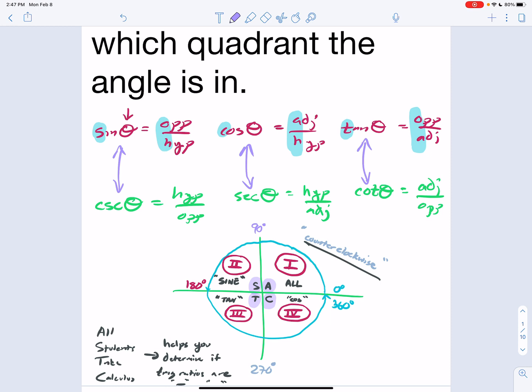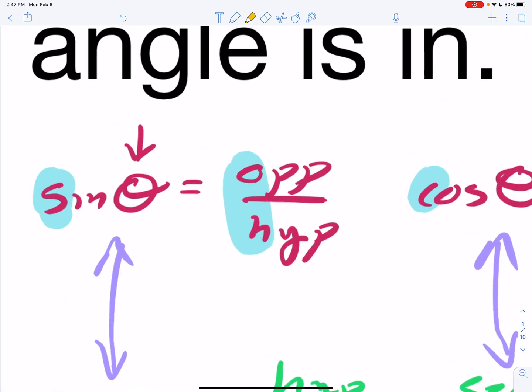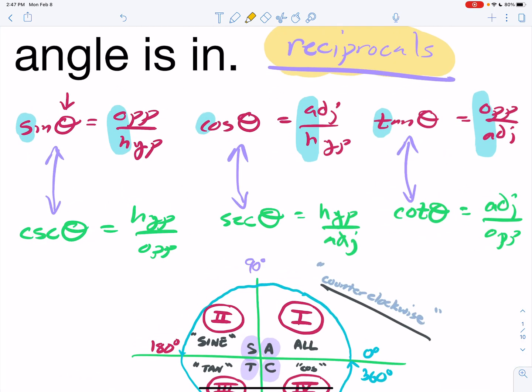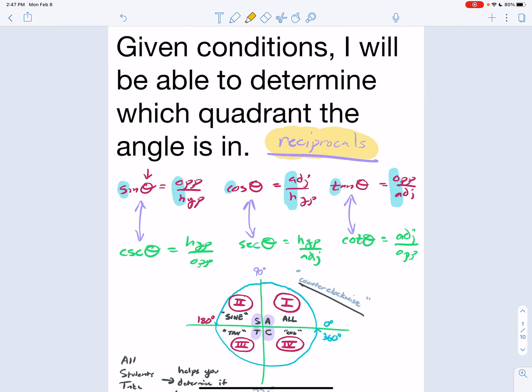The proper term is that they are reciprocals. And here's the reason why I emphasize this here. Reciprocals means to switch your numerator and your denominator, which is the reason why sine being opposite over hypotenuse becomes hypotenuse over opposite.